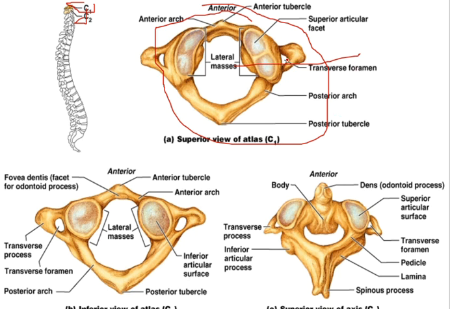Then we have these two canals here and here, called vertebral canals, for passage of nerves and blood vessels. Then you can see wide articulating facets here for articulation with the base of the skull.